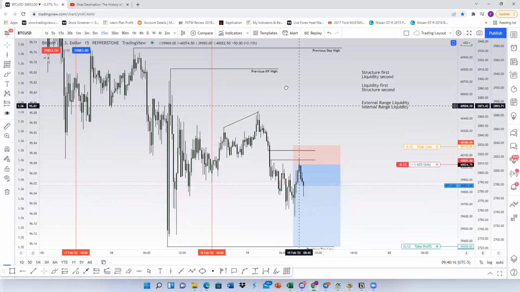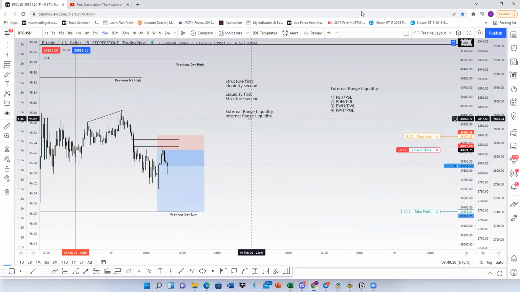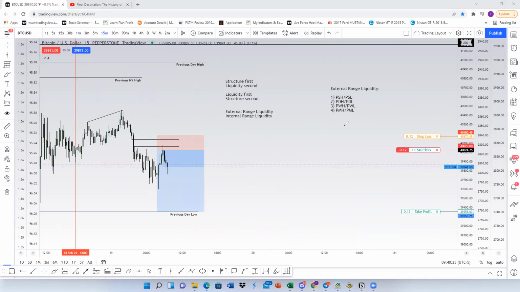Okay. Now let's talk about context. You have all these external range pools here. Let's say this is a previous day high. Price takes it out, and upon taking it out, you don't want to see price come back up there and go higher.